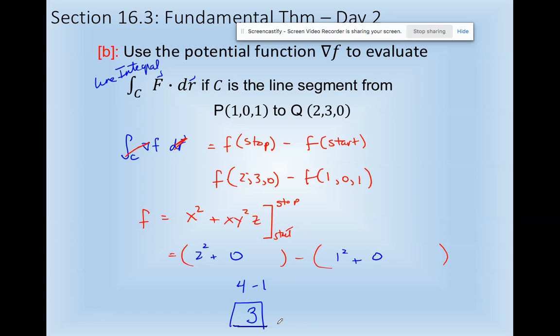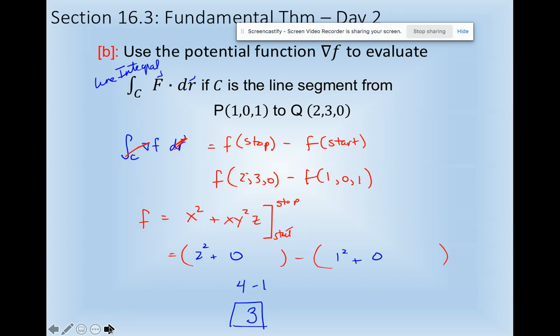All that freaking work for a 3. Are you joking me? Wow. But notice I did all that work, so I didn't actually have to get it in terms of r of t and all that kind of nonsense.